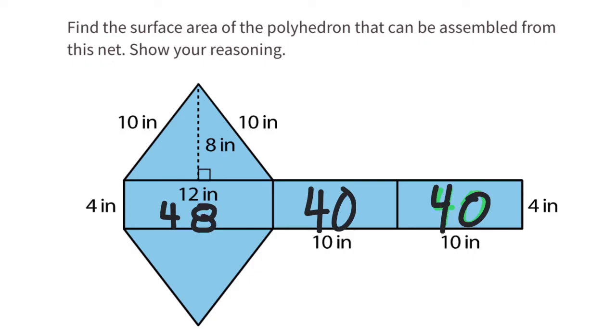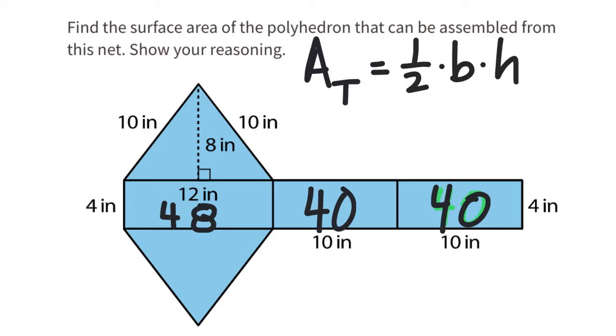It looks like these two triangles are congruent. So let's find the area of this triangle. It's got a base of 12 and a height of 8, and we have to remember that the formula for the area of a triangle is 1/2 times the base times the height. So 12 times 8 is 96. Cut that in half is 48.